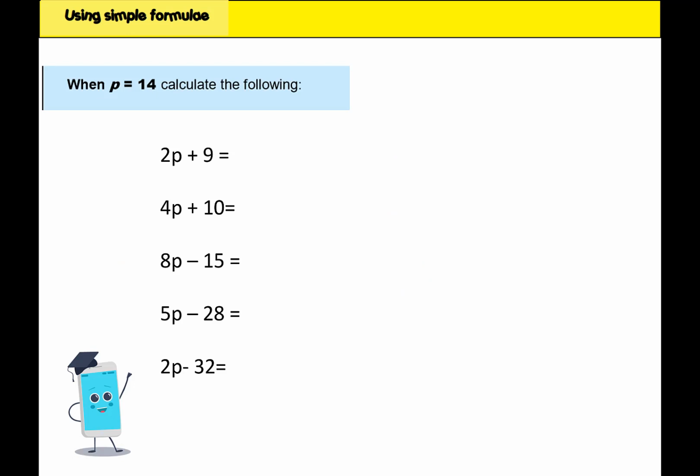Now, important to remember that 2P actually means 2 multiplied by P. In algebra, we don't put the multiplication sign in between letters or in between numbers and letters. When the two different values are next to each other, it means to multiply.